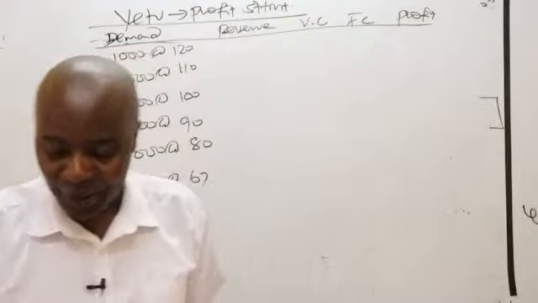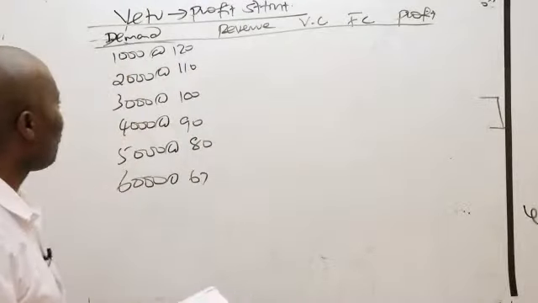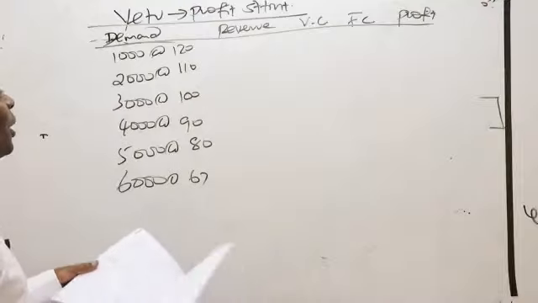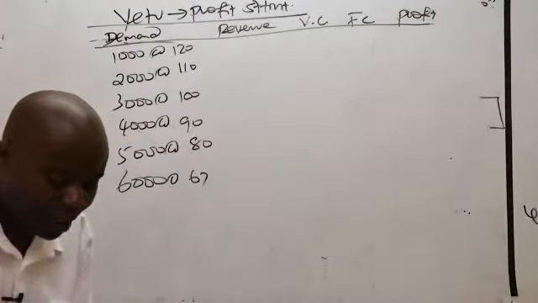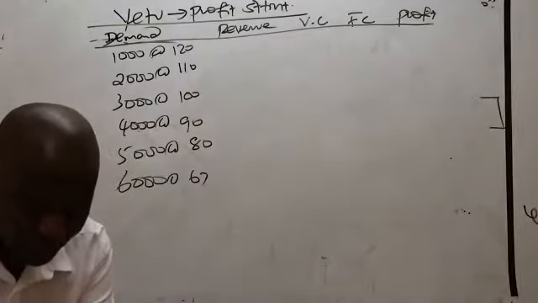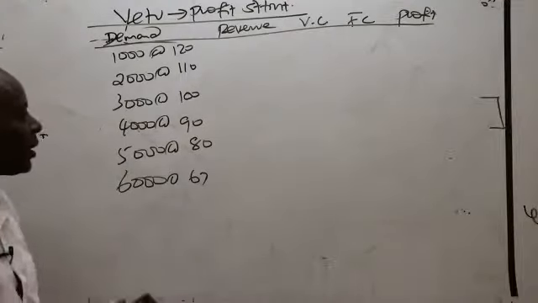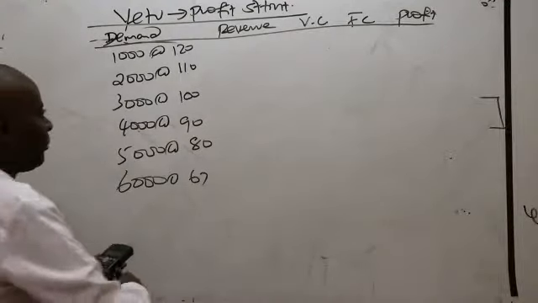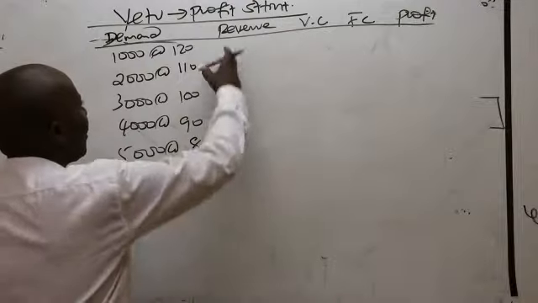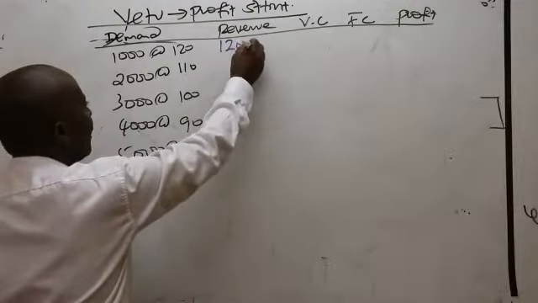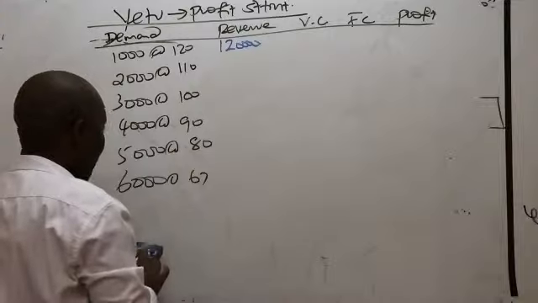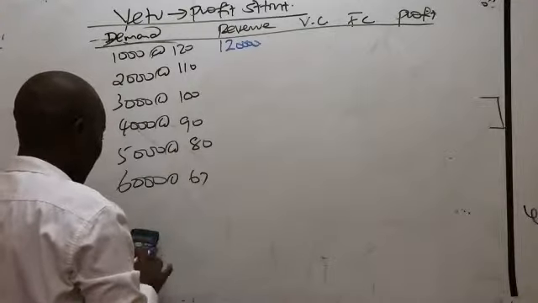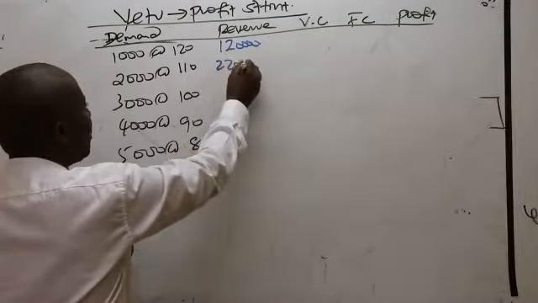So, of course, for year two, I don't have a problem with revenues. I will give them revenues very fast. So we have 120,000. This one here will be 2 times 110, which gives us 220,000.